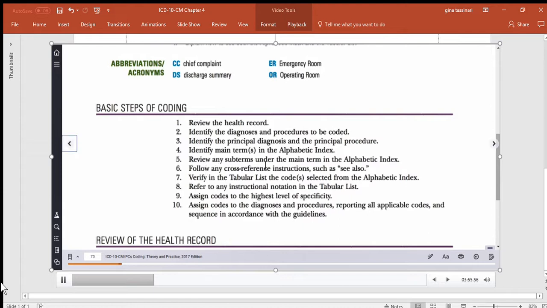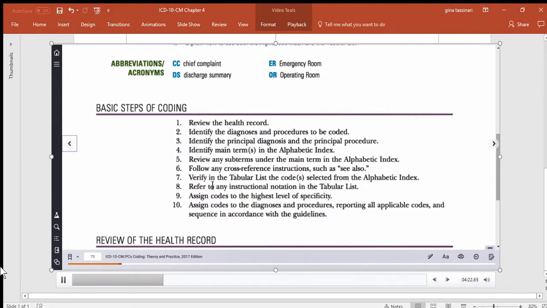You'll follow any cross-referencing instructions, such as the See also, or the See, or any other cross-referencing instruction it gives you in the index. And then after you have located a code through the index, you will look it up and verify it in the tabular list. You will never code directly from the index to diseases. You will always choose your final code from the tabular list.